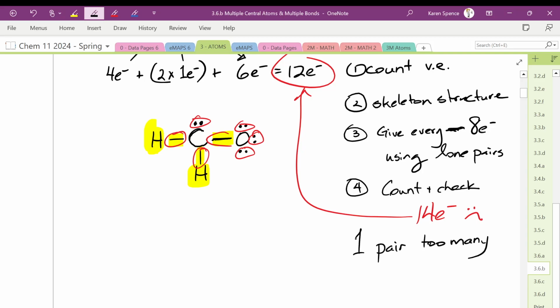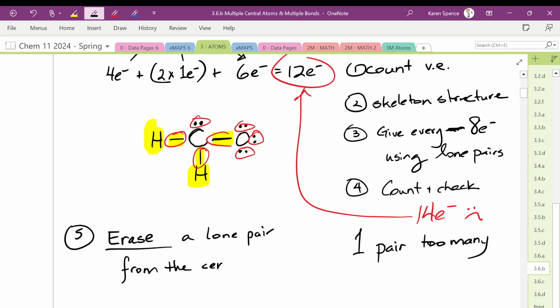So this is where we go to step 5. And step 5 is to erase a lone pair from the central atom. The number of lone pairs that you erase will be the number of multiple bonds formed.